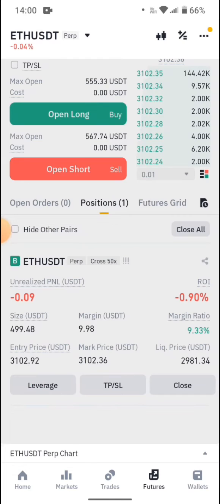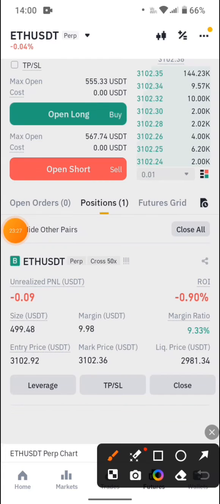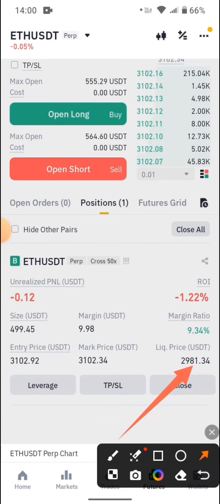Now the difference between isolated and cross margin is, you see our liquidation price is very far away. So if Ethereum reaches 2,981.34, we are going to lose our entire money.